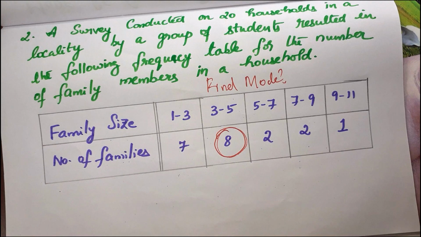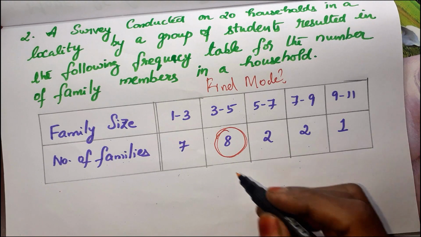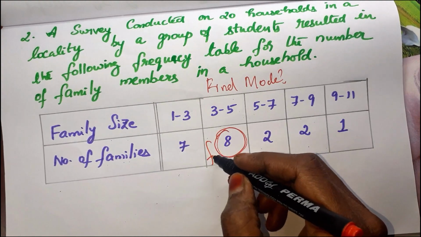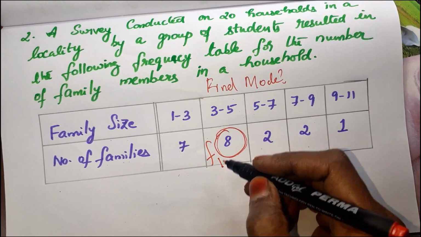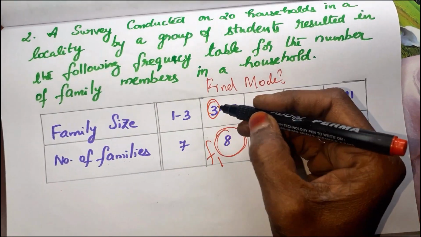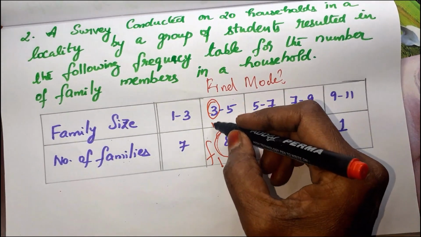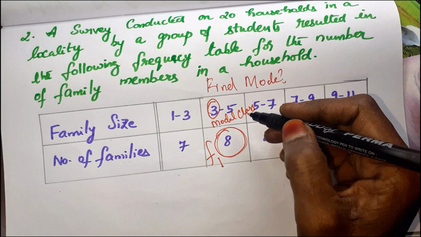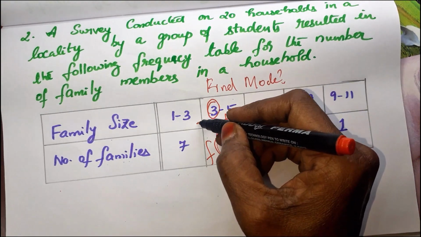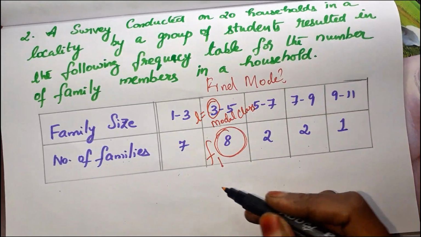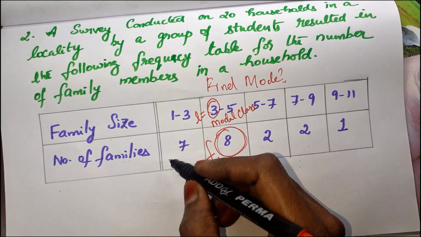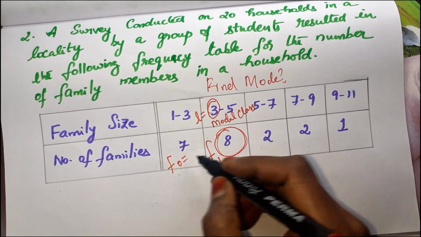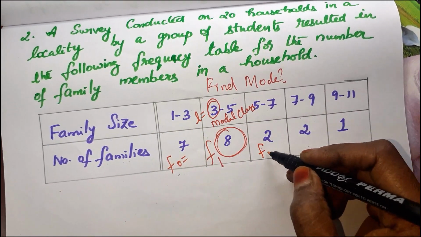Which is F1? The maximum frequency, that is F1. 8 is the maximum frequency, it is F1. The class with it is called the modal class, and the lower limit of that class is denoted by L. With F1, the previous one is F0 and the succeeding one is F2.